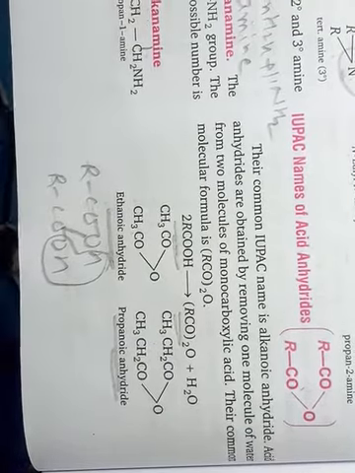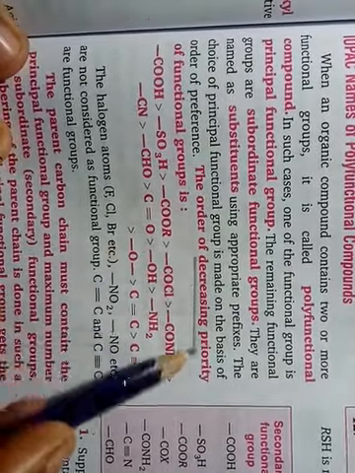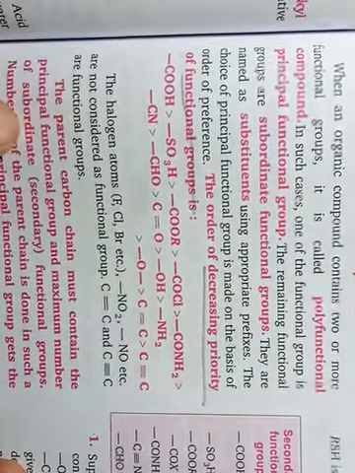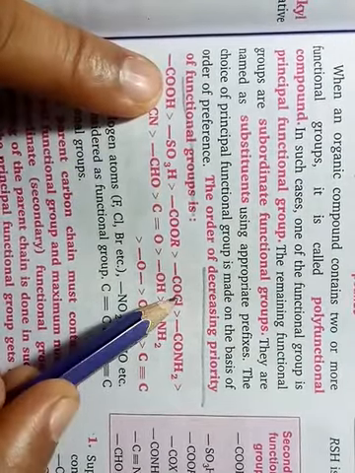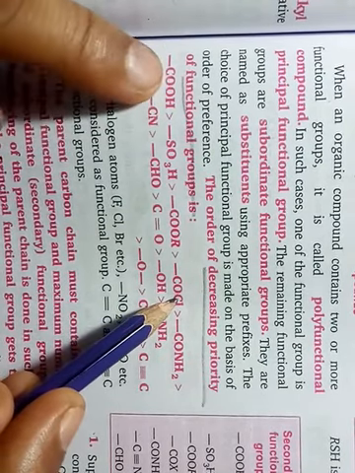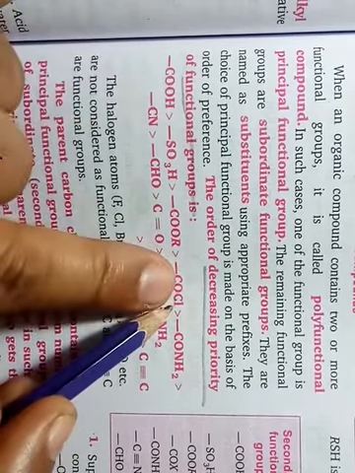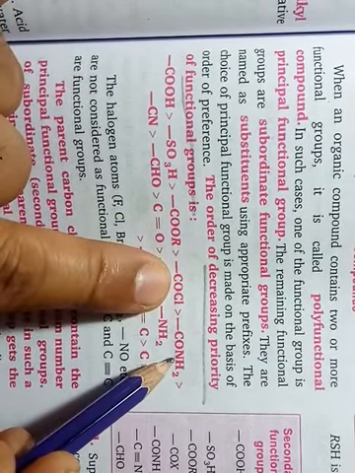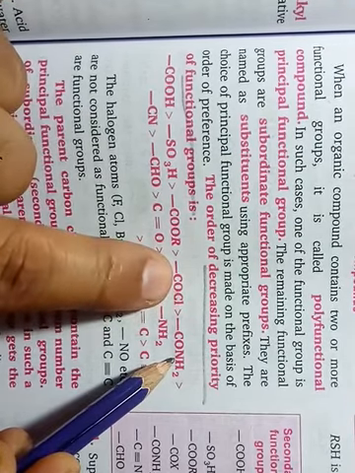After this, a preference chart is given. This is the order of decreasing priority of functional groups. The COOH group is given the highest priority and this is the sequence. It means if this and this group are present, then the overall compound will be considered an acid, and if this and this group are present, then the overall compound will be considered an acid halide.